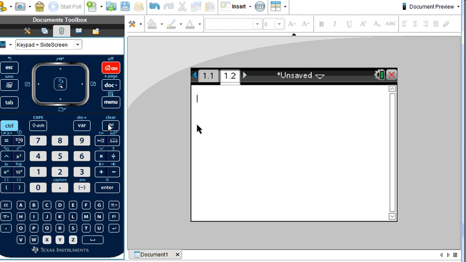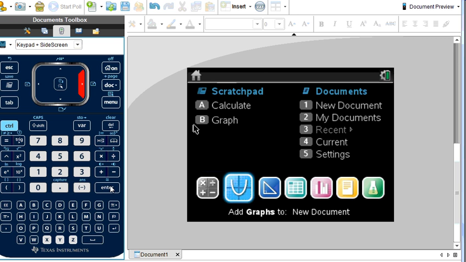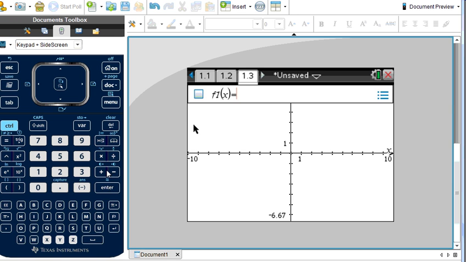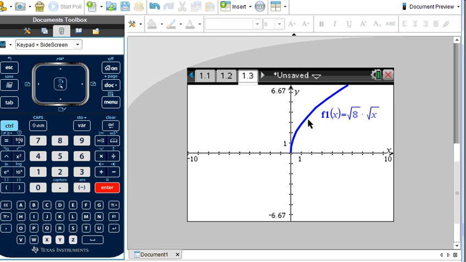we go to calculator and get a graph page. And F1, we're going to say y equals square root of 8, and then times square root of x. There's just one x. Okay, and that is our graph right here.